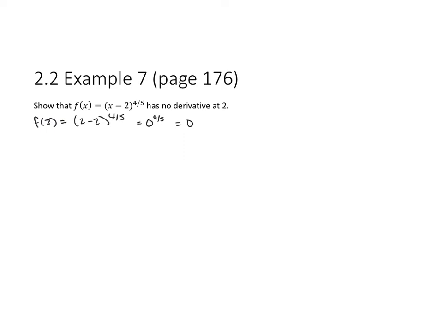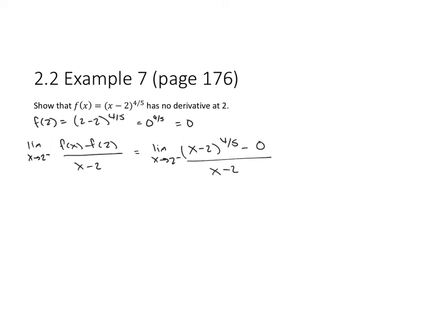Now we have to take the derivative from either side. So we'll take the limit as x goes to 2 from the left of f of x minus f of 2, all over x minus 2. That's going to be the limit as x goes to 2 from the left of (x minus 2) to the 4/5 minus 0 over x minus 2.